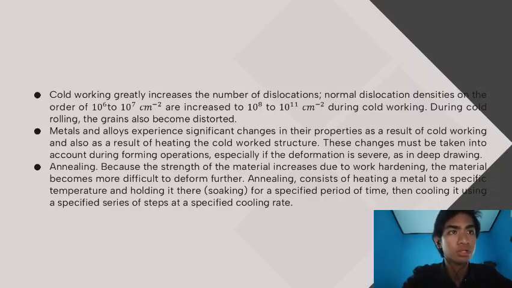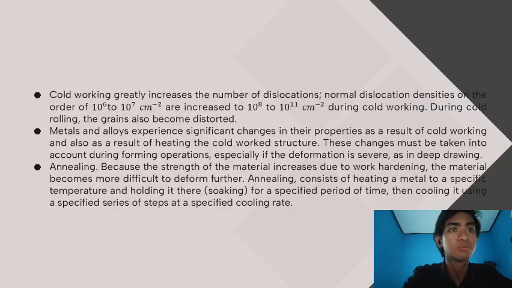With heavy cold working, the original grains are severely distorted to the point where they fracture into smaller grains. Heavy cold working can also lead to a preferred orientation or texture, in which the grains become oriented along certain crystallographic planes in a preferred manner with respect to the direction of the applied stress.